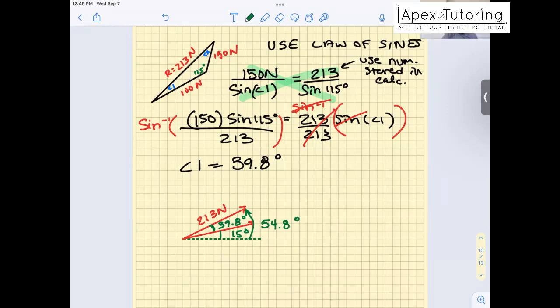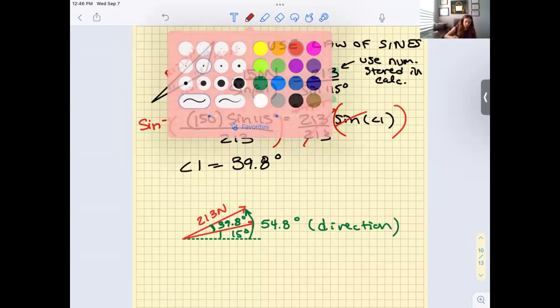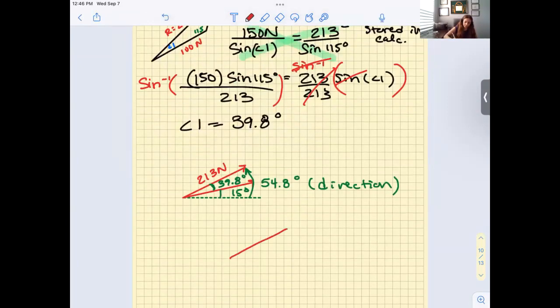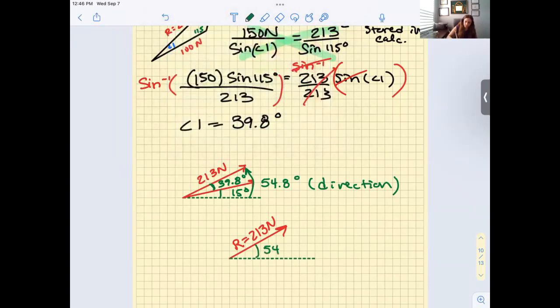So this angle represents the direction of your vector. So your final answer is that you have your resultant force of 213 newtons at a reference angle from the x-axis of a total of 54.8 degrees.